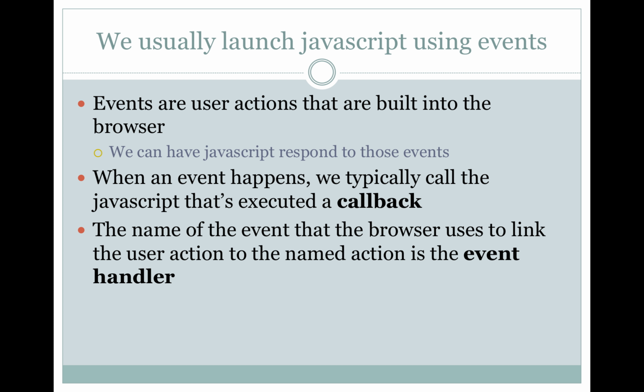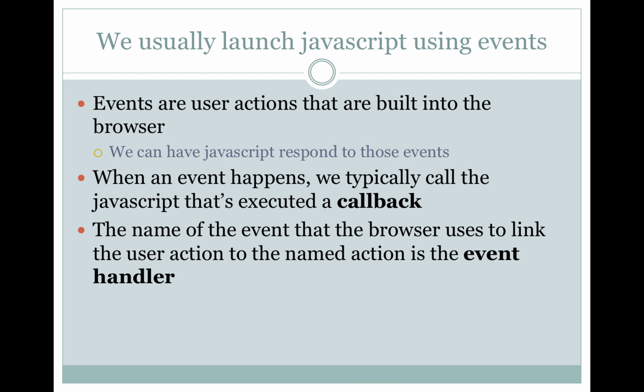So when we build these events, we typically refer to the actual browser behavior that links the user action to this programmatic event as the event handler. So the user, say, clicks a button, the event handler fires, and it says, hey, they did click this, they did click the right button. Let's see if there's a callback for it.